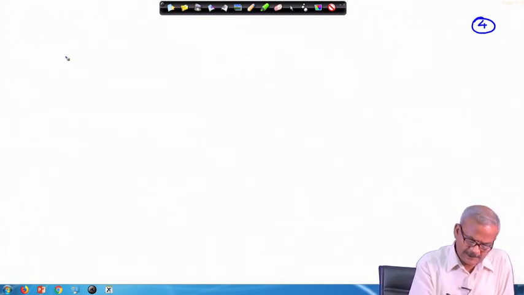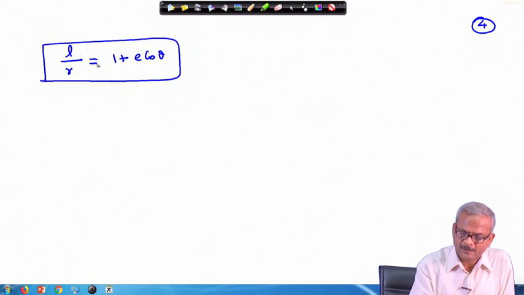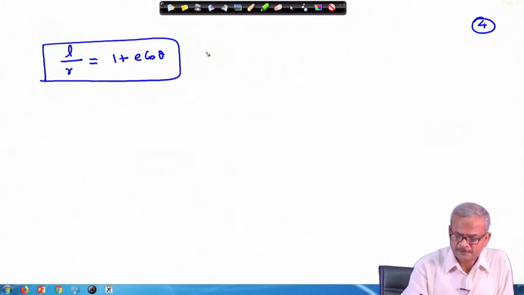So, let us start with, as I told you, go and refer back to our lecture on space flight mechanics. So, this equation I am writing here, it is called the conic section equation.